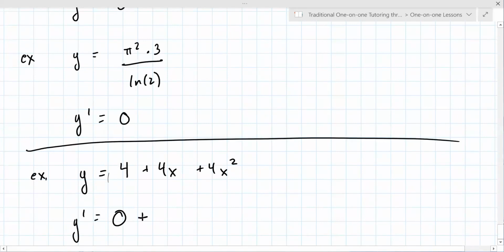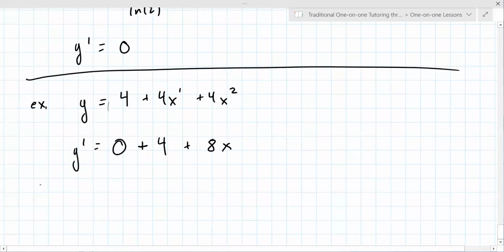Plus, what is the derivative of 4x? Just 4. Very good. Plus, bring this down, 8x. Okay, let's do another example.